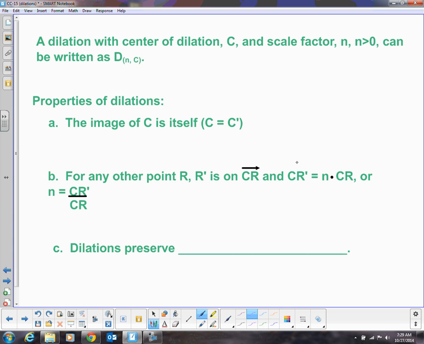And this is what I said, the image length equals some number times pre-image length, or scale factor is the image length over pre-image length. That's what B is saying. B is E and F on your foldable. Dilations preserve angle measure. They do not preserve length.